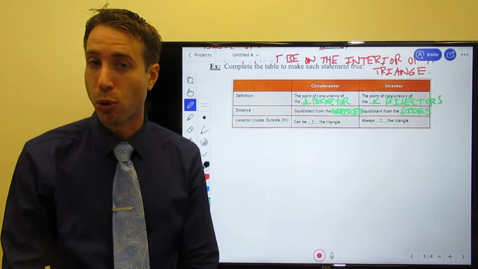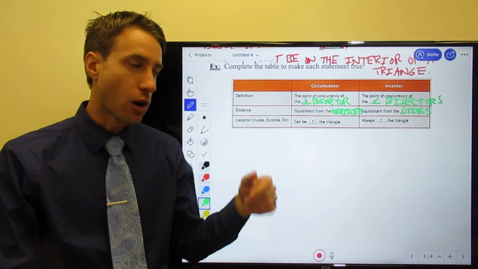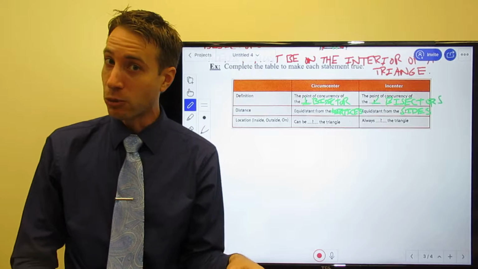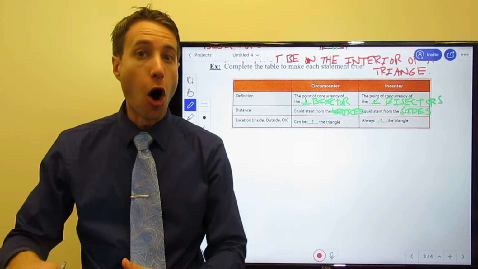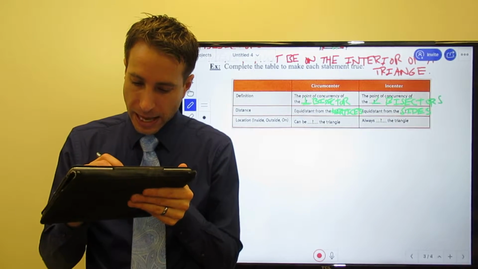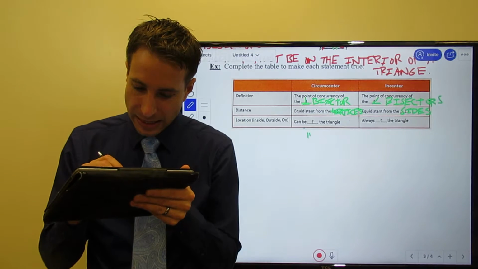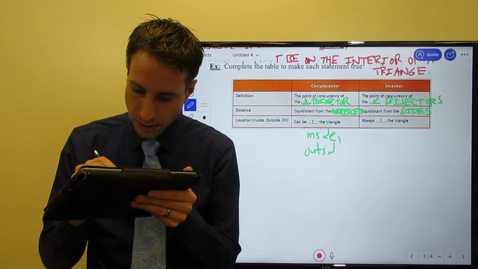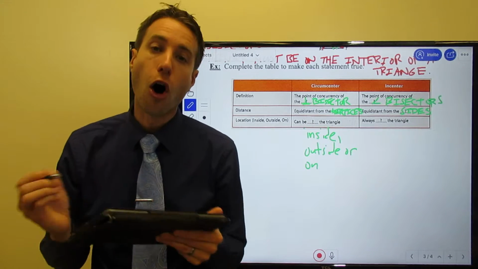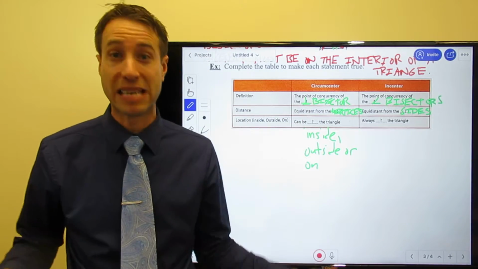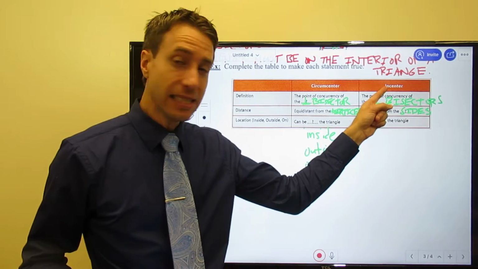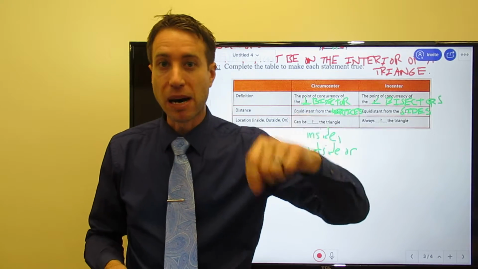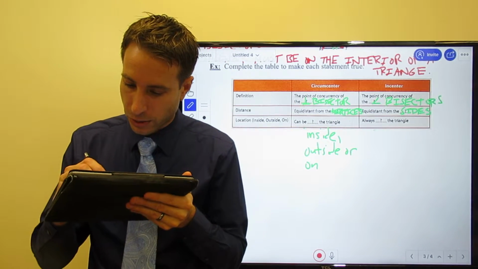Where can these points be? Well, we just saw in the previous problem, the circumcenter can be inside, outside, or on the triangle. The circumcenter can be anywhere. But the incenter, because it's angle bisectors, it always must be inside the triangle.